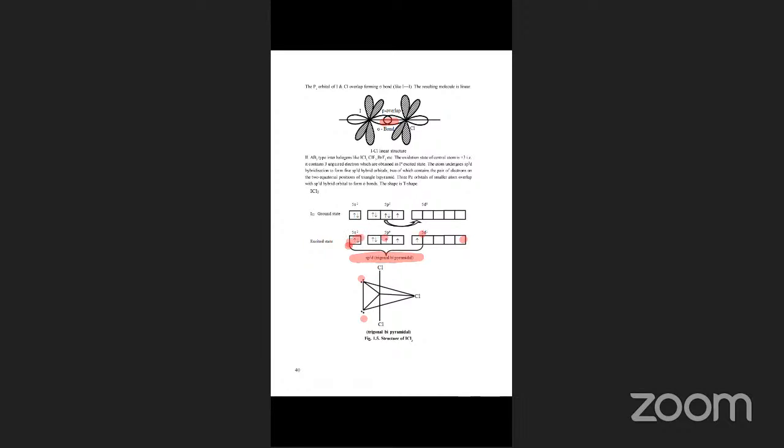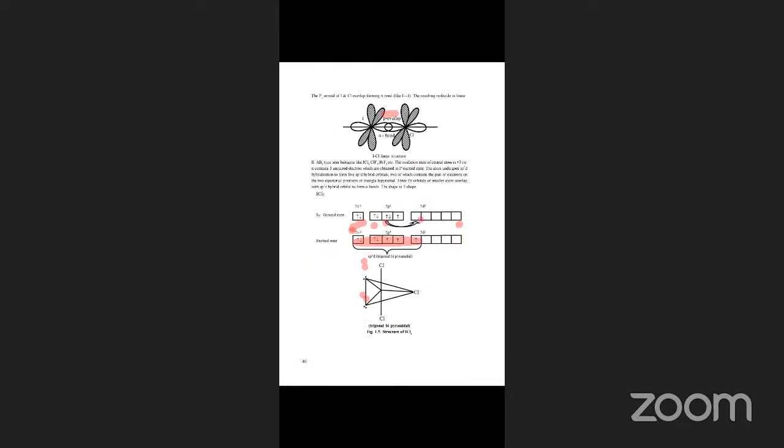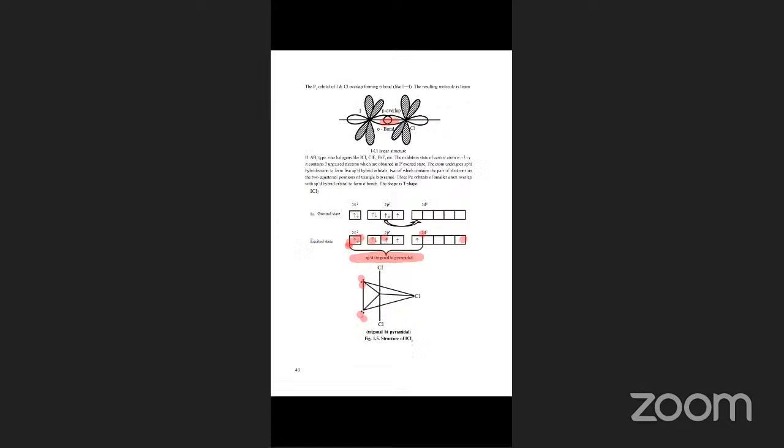But there are 2 lone pairs, and the 2 lone pairs occupy the equatorial positions. That's why the shape of ICl3 is considered as T shape.